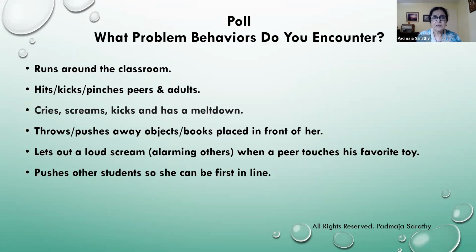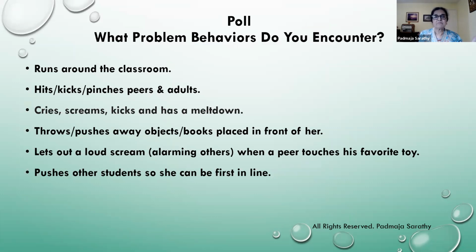Okay, now we have another poll. What kind of problem behaviors do you frequently encounter? I'm talking about more serious types of problems here. The student is running around the classroom, or the student hits or kicks or pinches the peers.